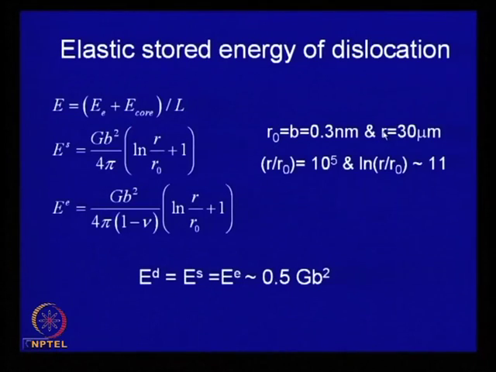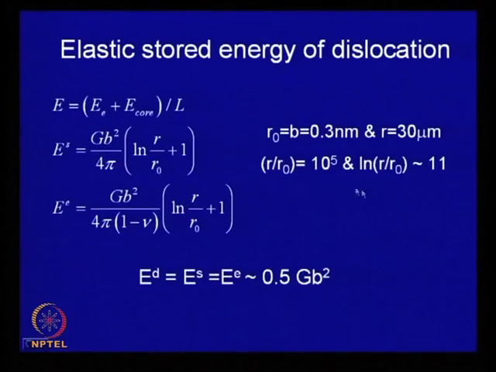Half of that is the radius, so if the grain size is 60 micron, we take the radius R as 30 micron and assume that the dislocation is present at the center of the grain. Therefore, the ratio R over R naught will be of the order of 10 to the power 5. So, if you calculate the factor ln R over R naught, this will be around 11.